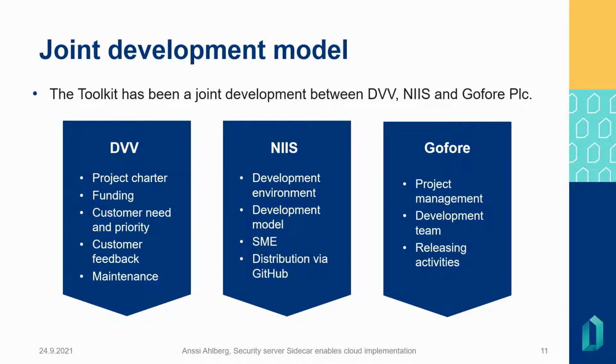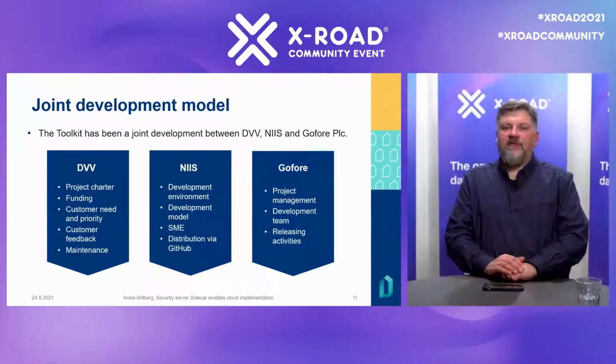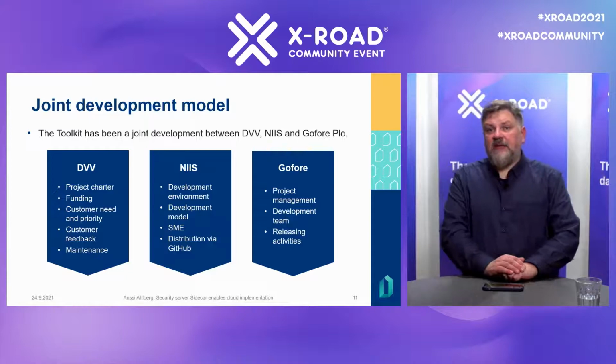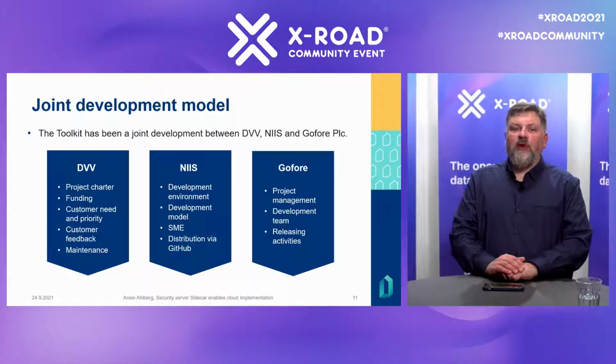This was a pioneering effort in the sense that we divided the work between us in a way that the DVV was responsible for the overall project charter, for funding the project, providing the customer need and priority, and communicating also with the stakeholders and potential customers within the data exchange layer community.